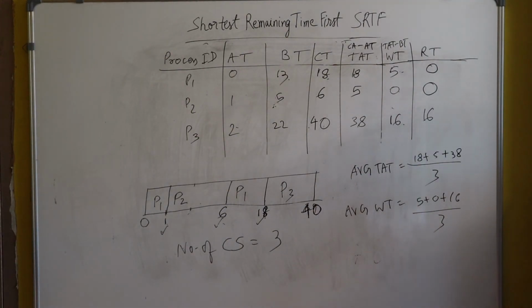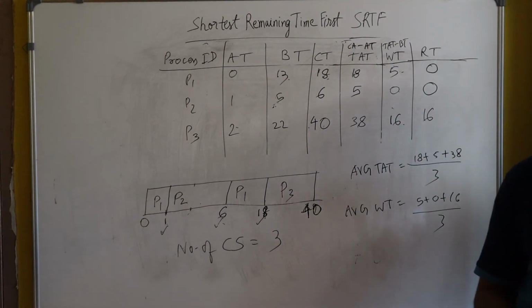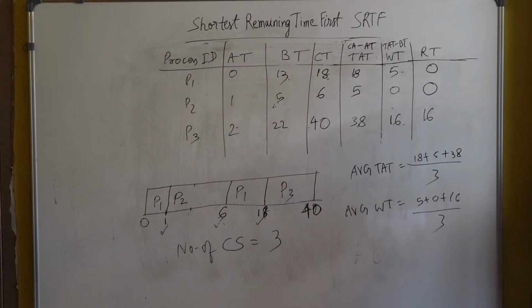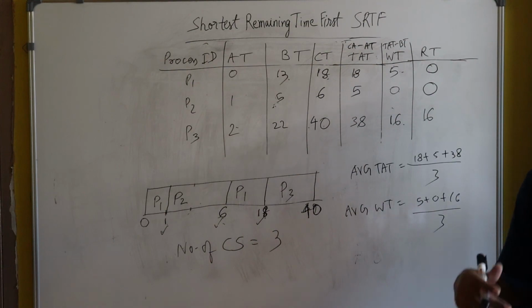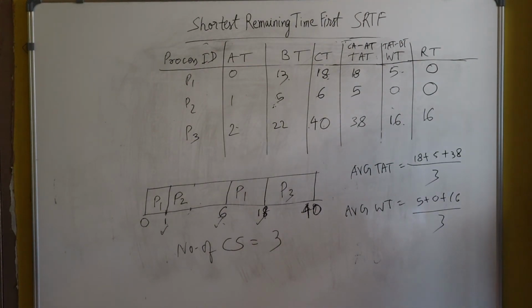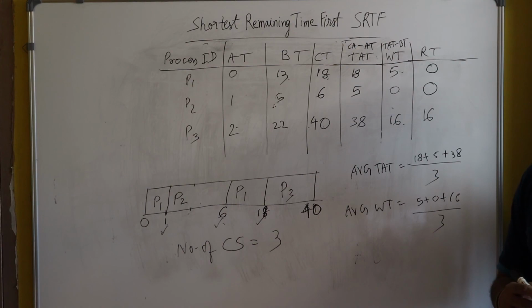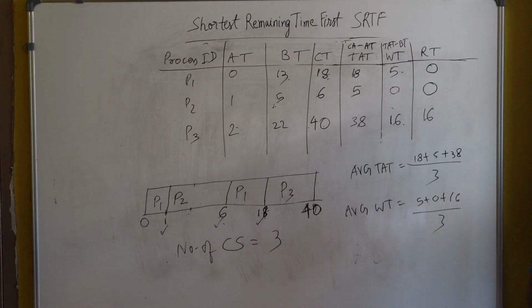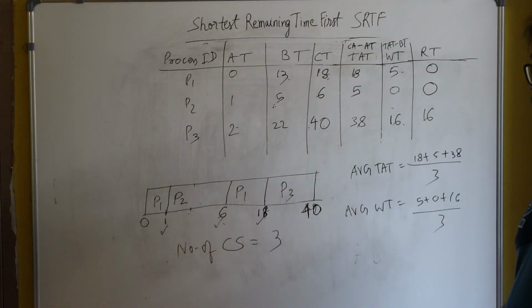So that's all about the shortest remaining time first algorithm. We will see more questions after finishing the round robin algorithm and priority algorithm. We will see more GATE previous year's questions. I hope SRTF is clear to you. Okay. Fine.